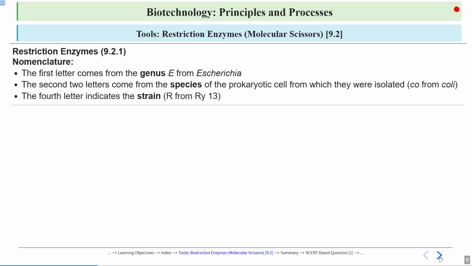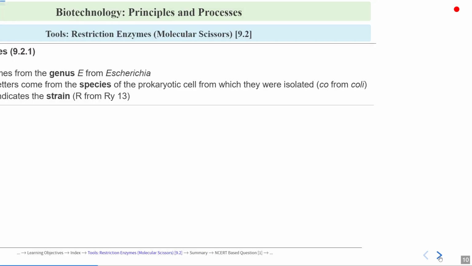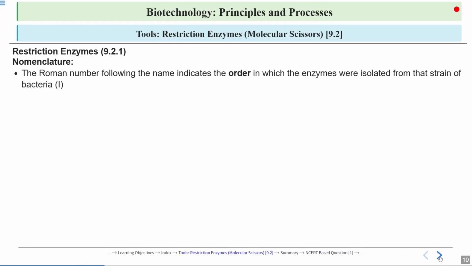In this case, the E. coli strain is RY13, that's why we write EcoR. Whereas the Roman numeral 1 indicates the order in which these enzymes were isolated from the strain of bacteria.